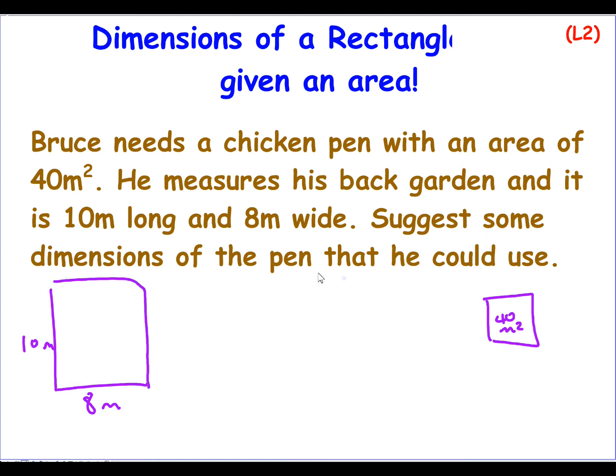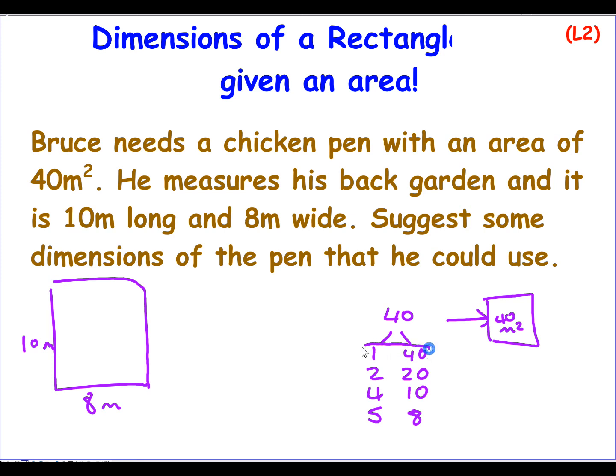Suggest some dimensions of the pen that he could use. So using our factors of 40, we can see the combinations that will fit into his garden.